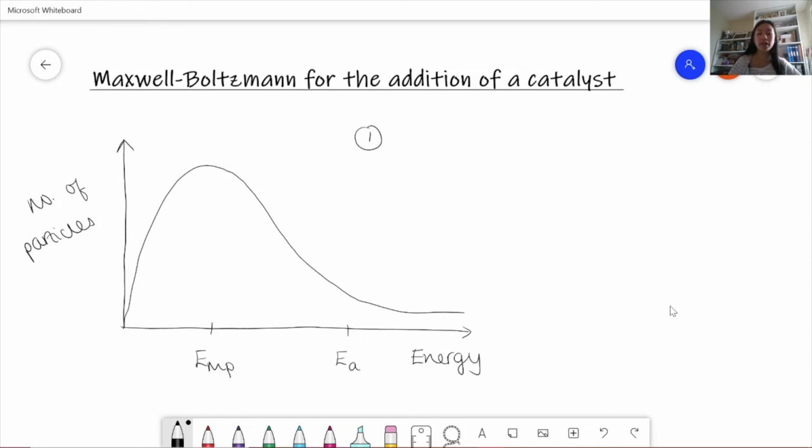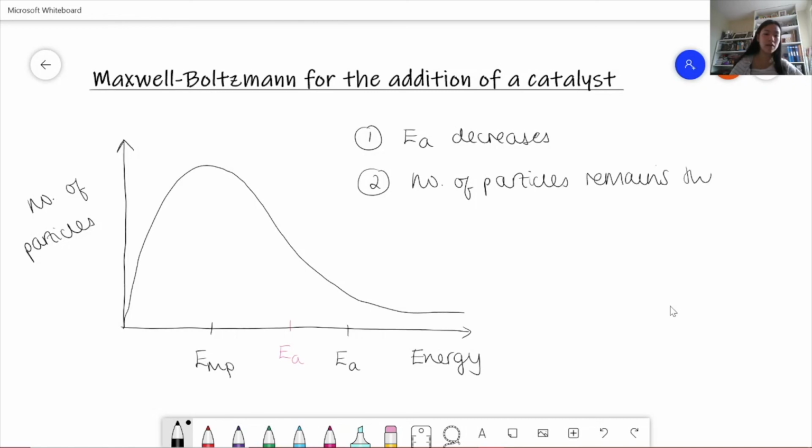The first thing we know is that the activation energy decreases. And so we can change the position of the activation energy on the graph. So let's say the new activation energy is here. And the other thing we know is that the number of particles doesn't change. So the number of particles remains the same. And also, the most probable energy doesn't change either.